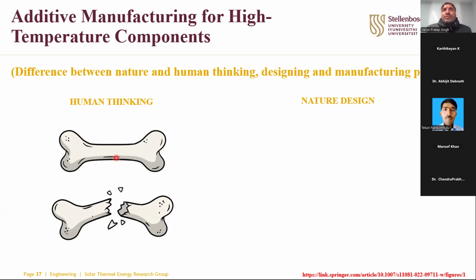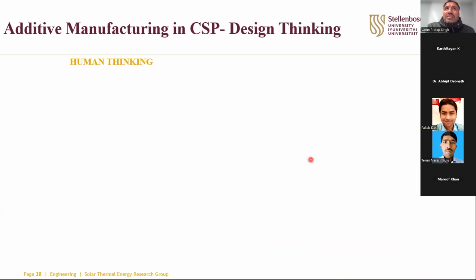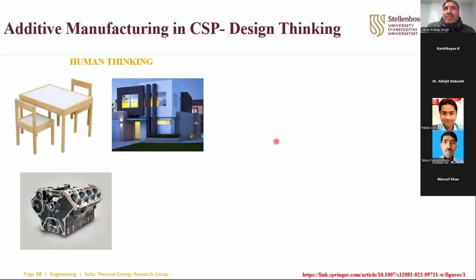Okay, thank you. So, being human, we think about how a bone looks. Even in cartoons, we think how a bone looks, how a heart looks, and so many things are in the market. Even when you offer a bone to a dog, it looks like a biscuit or something. But actually, how nature thinks, a bone is that much more complicated inside. If nature designs something, it has very much complexity and takes a very huge amount of time to develop.